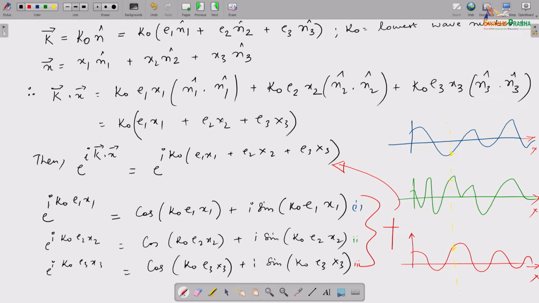As you can see, this is a periodic function. As a matter of fact, I haven't exactly drawn these three as periodic functions, but anyway, you get the picture.